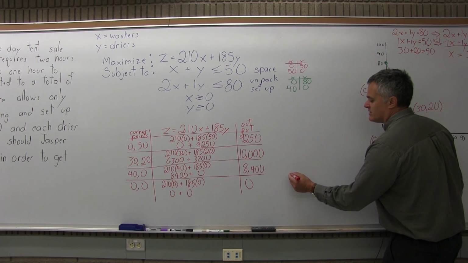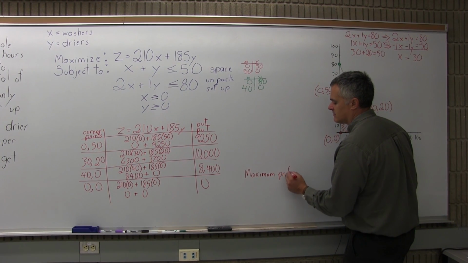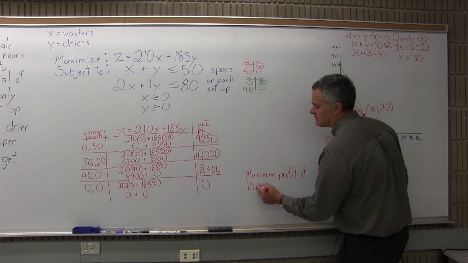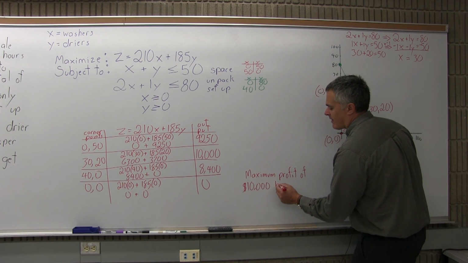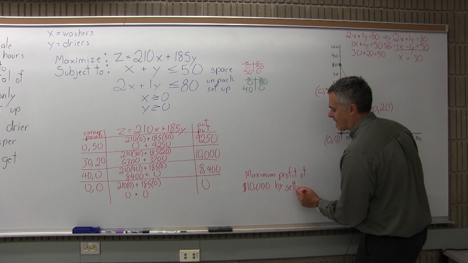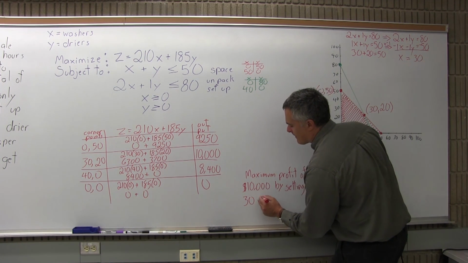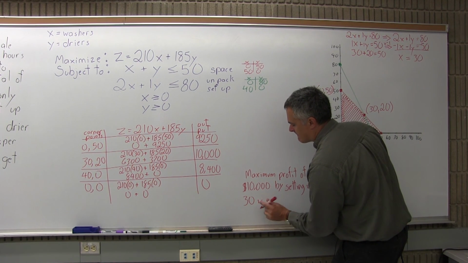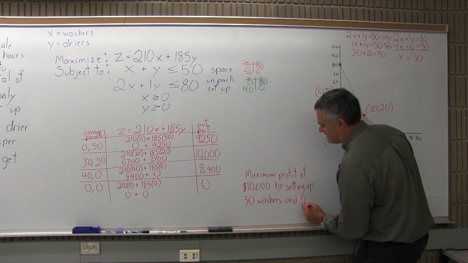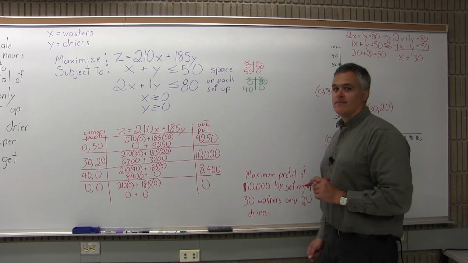So at the end, where we should state our solution, we will say maximum profit of $10,000 by setting up 30 washers and 20 dryers. And that's the answer.